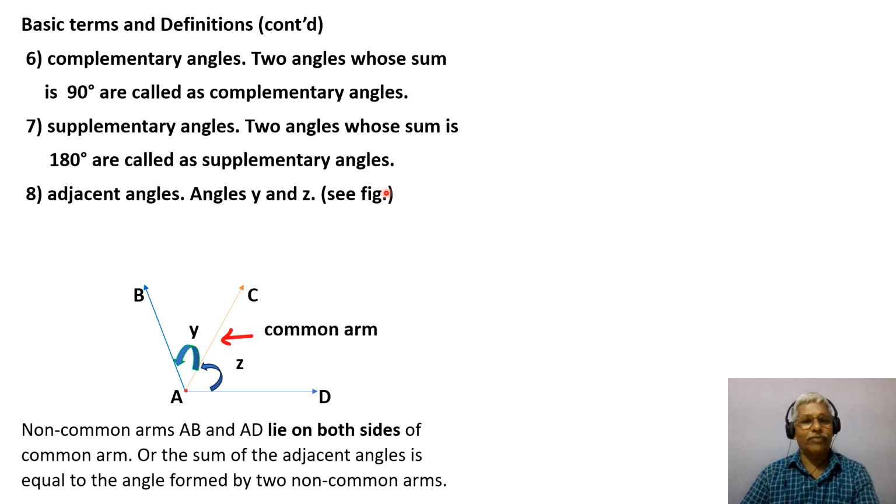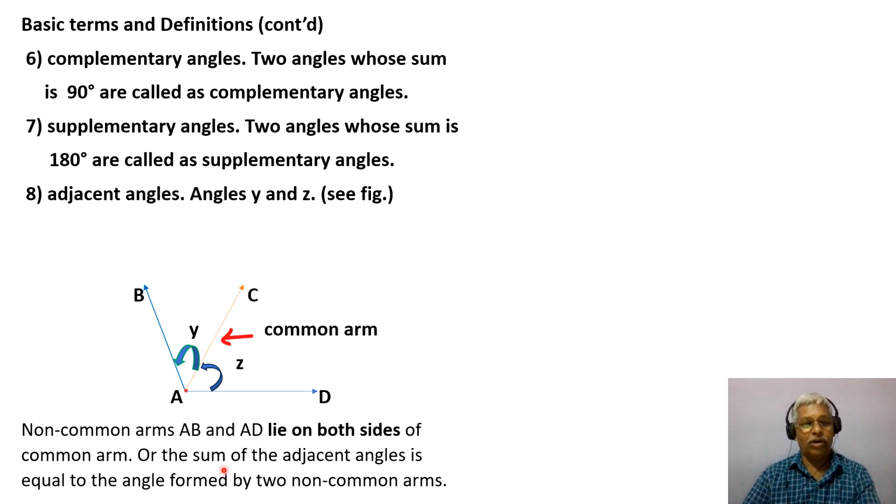Angles Y and Z. See the figure. Okay. Look at these arms AB, AC, AD. This is the common arm. This is angle Y and this is angle Z. And there's an important comment here. Non-common arms, that is AB and AD, lie on both sides of the common arm. Okay. Got it?